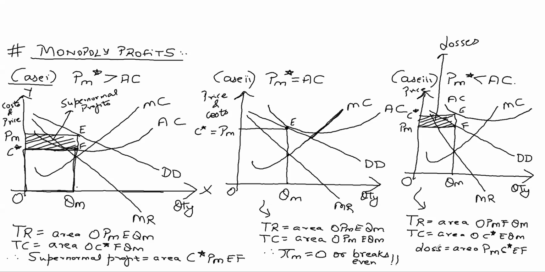So will the monopolist operate in this case? In the third case and in the second case, the monopolist will not operate. When will the monopolist operate? The monopolist will operate only in the first case when it earns supernormal profits.